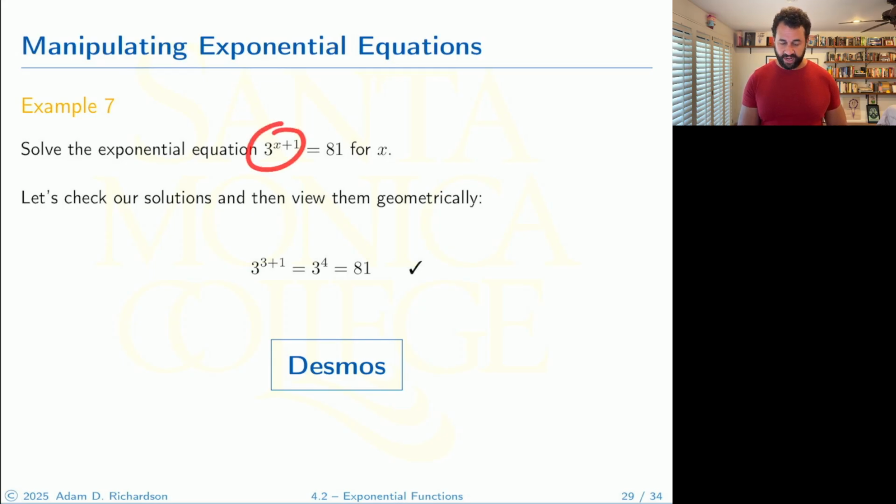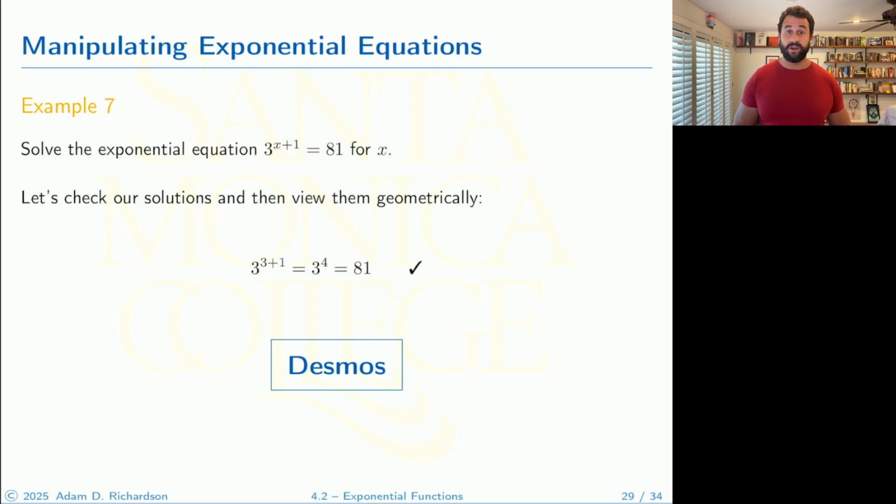So because the range of this type of function, which is not vertically shifted or anything, is 0 to infinity, there must be a solution, and it's going to be a valid solution. It's basically, geometrically speaking, wherever this graph crosses the line y equals 81.